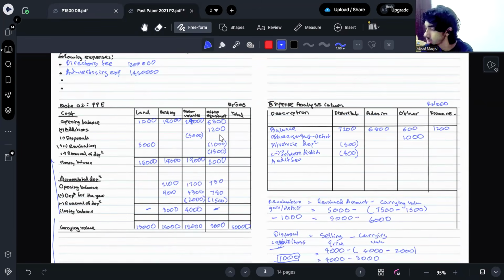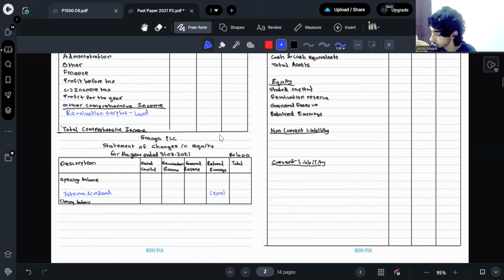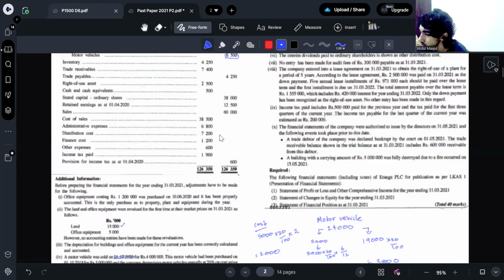Audit fee 300,000. You can even record it under note number 1. Audit fee 300,000. And now make sure to record that as a payable. It's not paid, they have not paid it, right? So then audit fee payable 300,000. Okay. Then the next one.